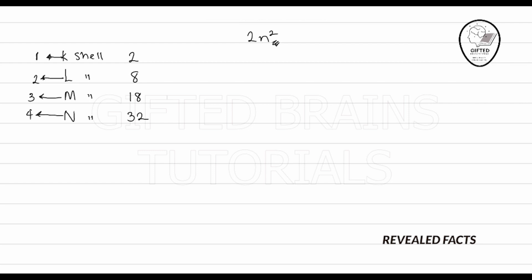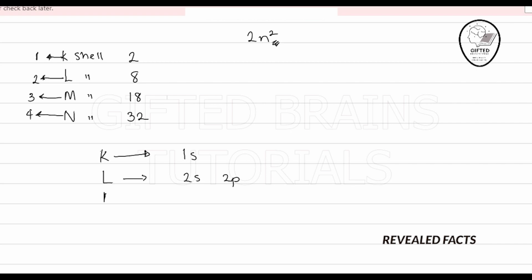Okay. But I want to explain this morning what I assume you must have seen before now. That the K shell has the 1s orbital. The L has 2s and 2p orbitals.